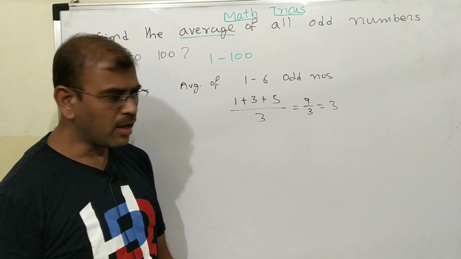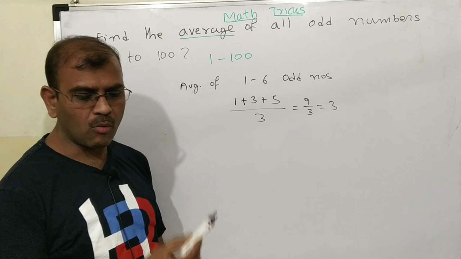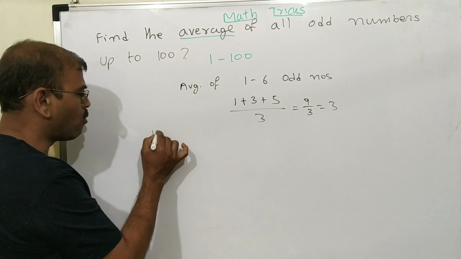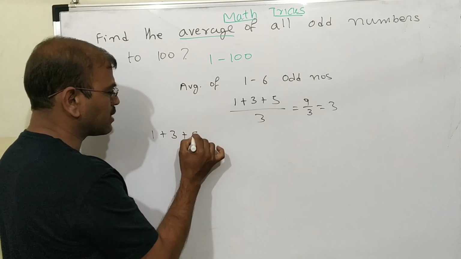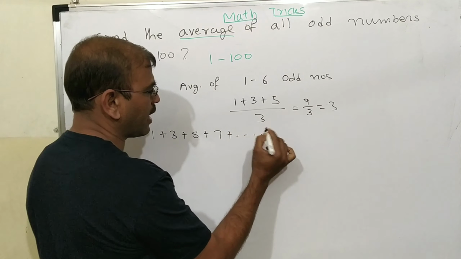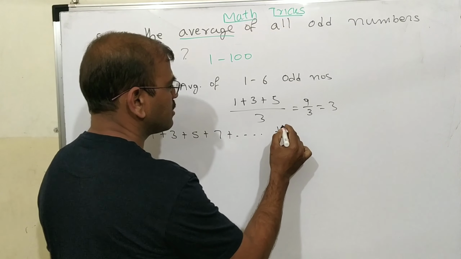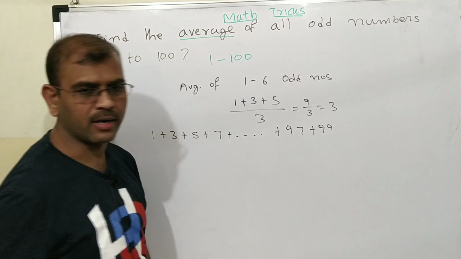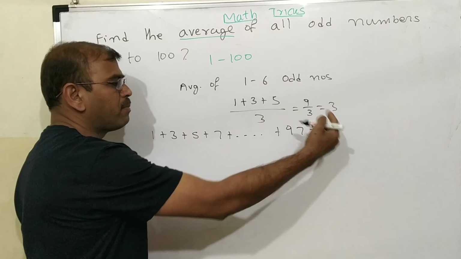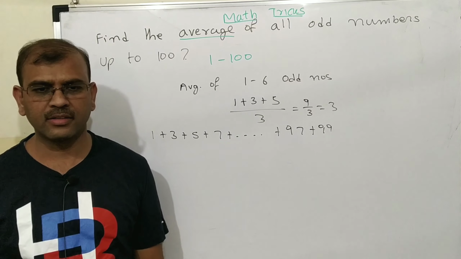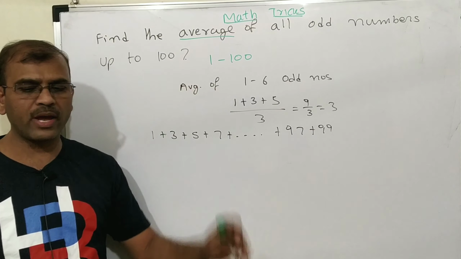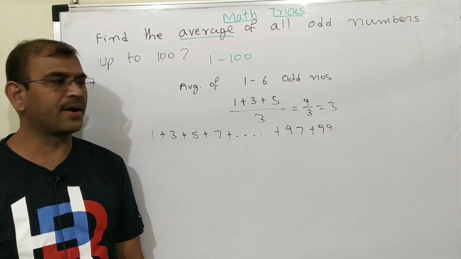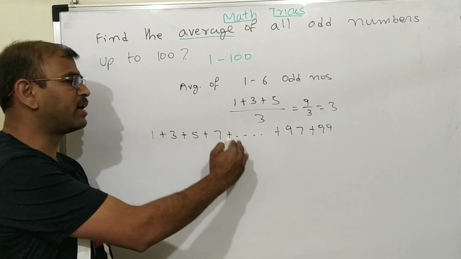Usually, if we have to write it for the odd numbers from 1 to 100, we write 1 plus 3 plus 5 plus 7 etcetera, plus 97 plus 99, divided by how many numbers there are.